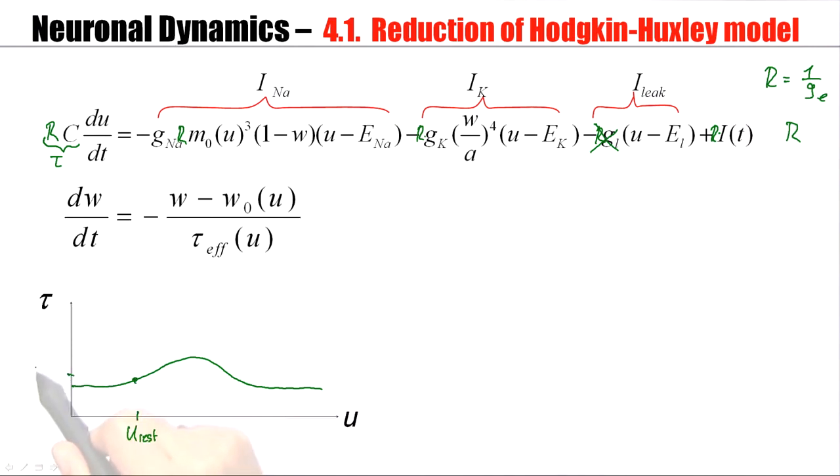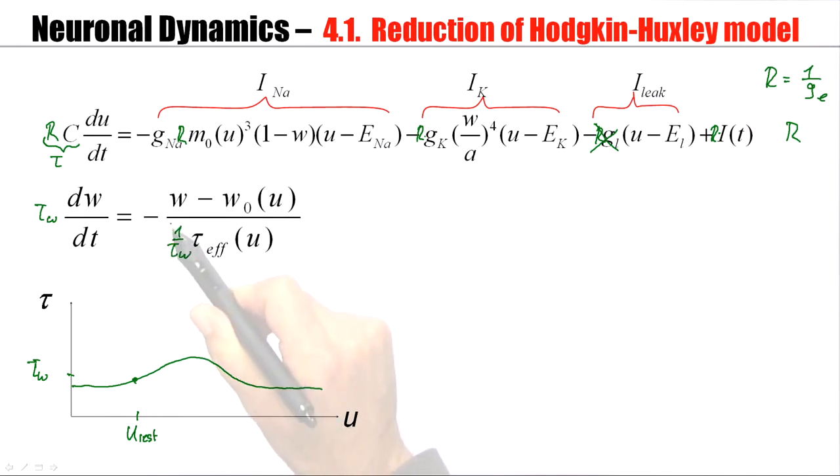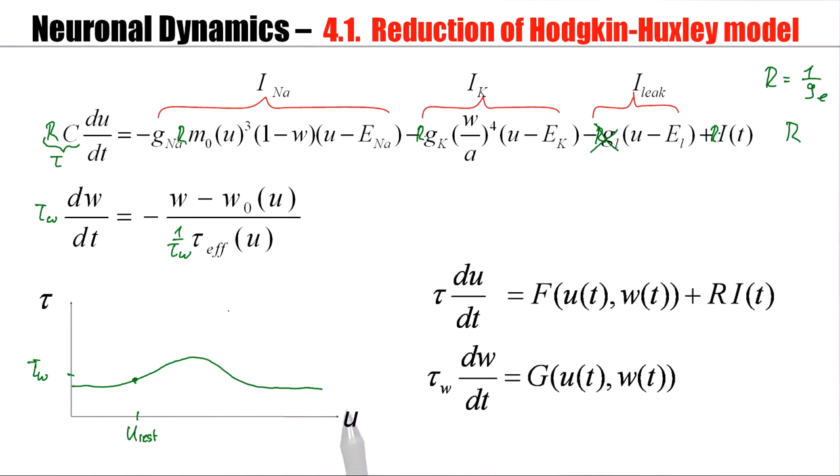So this would be the resting value, and I call this tau W. So let's multiply with tau W. Then I have here tau F divided by tau W. So this is a normalization factor, and the net result is that I can write my W equation with a time constant tau W, which is representative. It could be the resting value. It could also be the mean value of these different values that I see here.